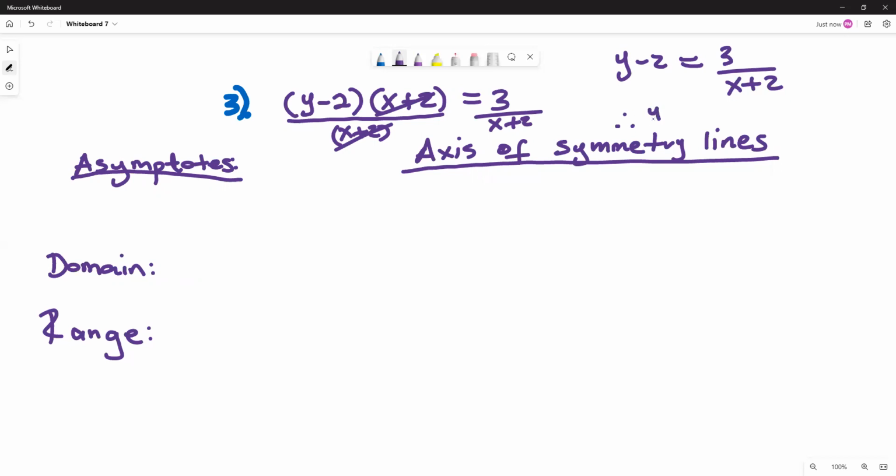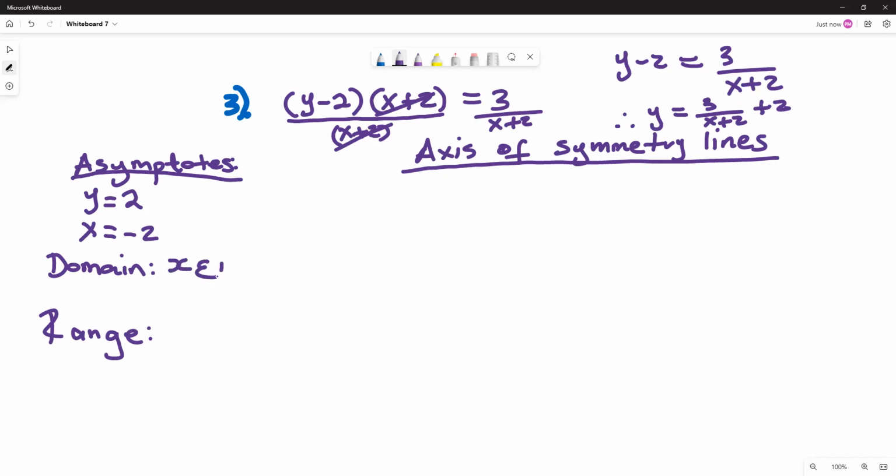Therefore, I'm going to have y equals to 3 over x plus 2 plus 2. This part will go the other side to be plus 2. And then we can see that your q is 2, which is your y asymptote. And then the opposite of plus 2 is minus 2. Because if I put minus 2 here, I'm going to have minus 2 plus 2, which is 0.